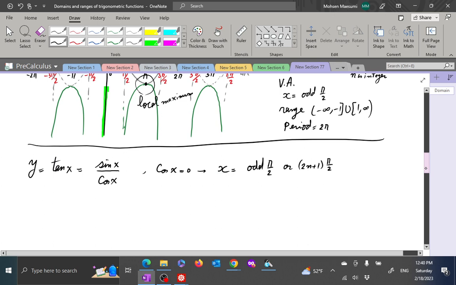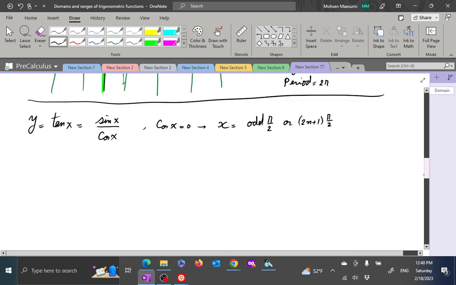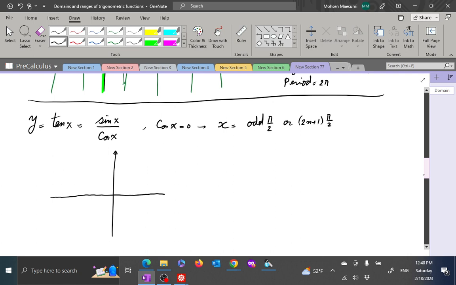Now, how are we going to get a quick graph of this? Well, it all depends what you're comfortable with. Tangent is a ratio of two functions, so it's going to be a bit more complicated than the two that we just did. We know, okay, so we have 0 and say pi and 2 pi. This must be 3 pi, say minus pi, minus 2 pi.